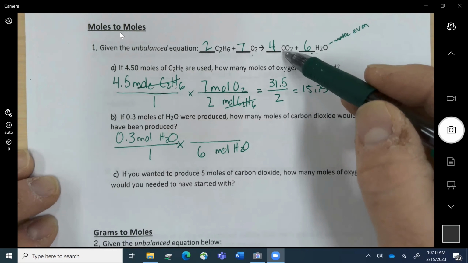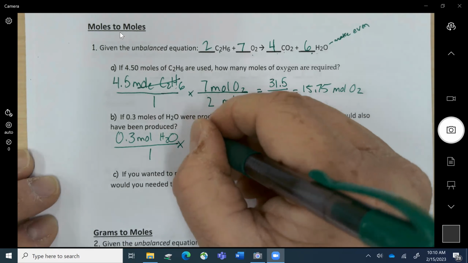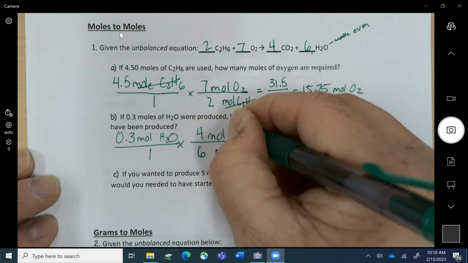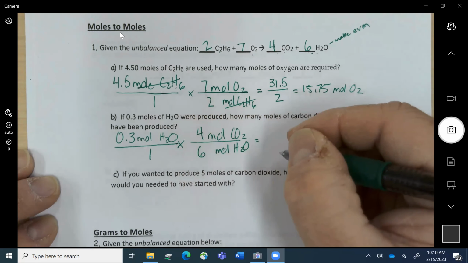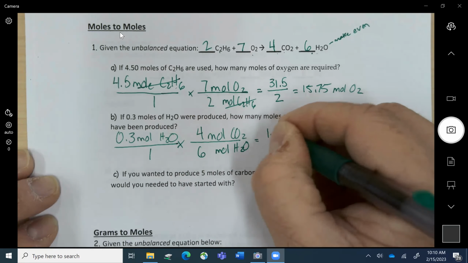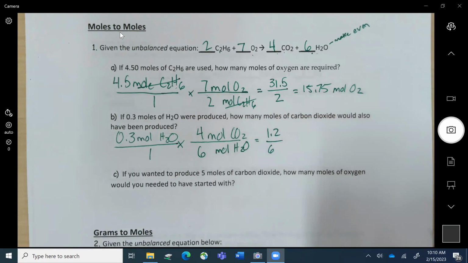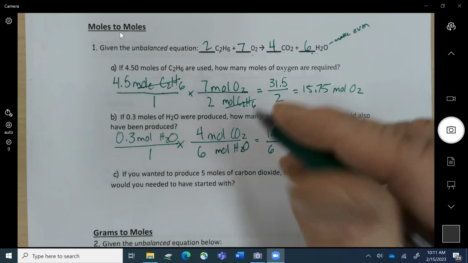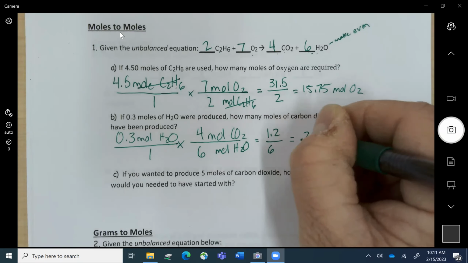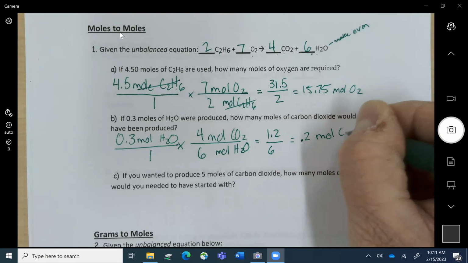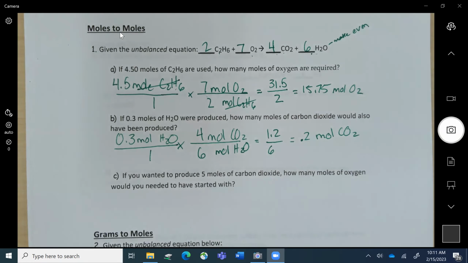I have 4. That's 1.2 divided by 6. It's going to give me 0.2 moles of CO2 were produced.